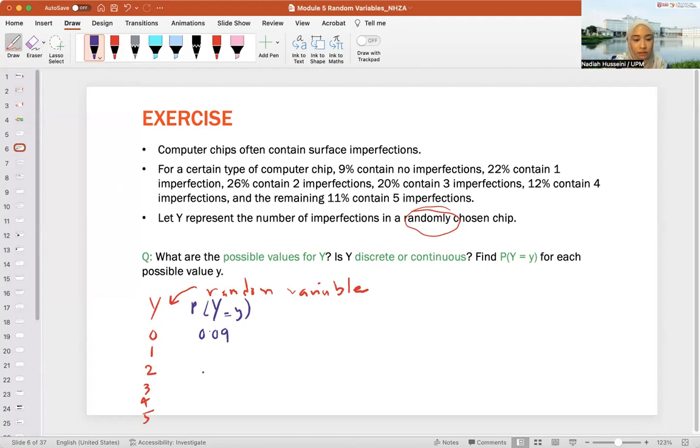For 1, it is 22%. For 2, it is 26%. For 3, it is 20%. Number 4 is 0.12, and number 5 is 0.11. Okay, so that is the answer.